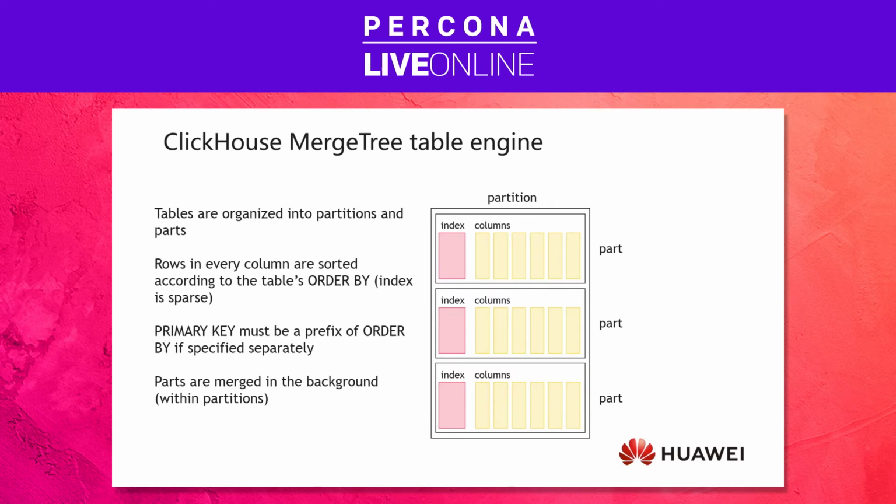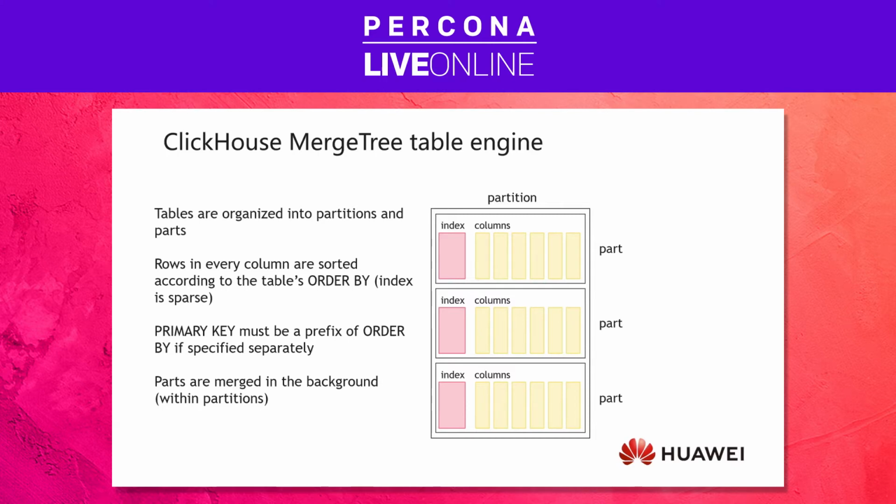Within each part, there's typically 1 file per column, and the values within each column file are ordered by the primary key or the order by expression for the table.